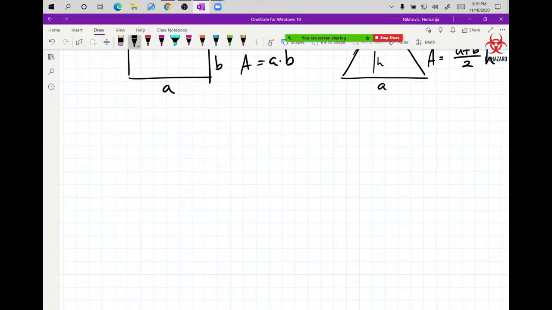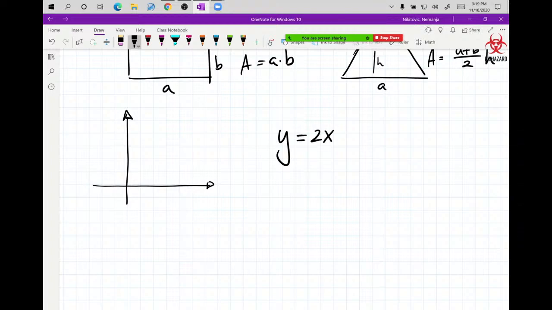So if I want to calculate the area under y equals 2x from x equals 0 to x equals, let's say, 2, because the graph is small.